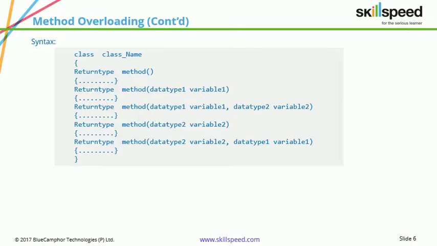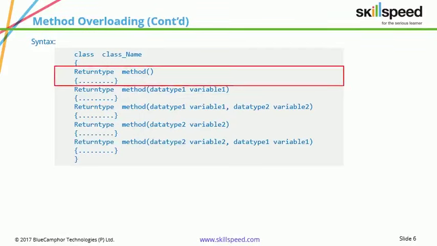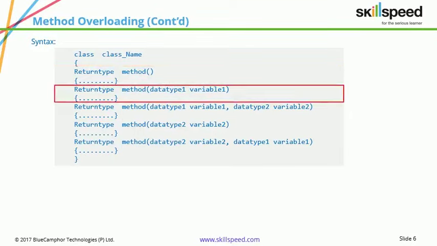Let us look at the syntax for the method overloading concept. Overloaded methods can be written inside a class like this. If you have a class with the class name written, then the overloaded methods can be written with the return type in the beginning and the method name followed by the method body. That's the first method. Then the same method name for another method, with return type, method name, and the parameter list being different this time.